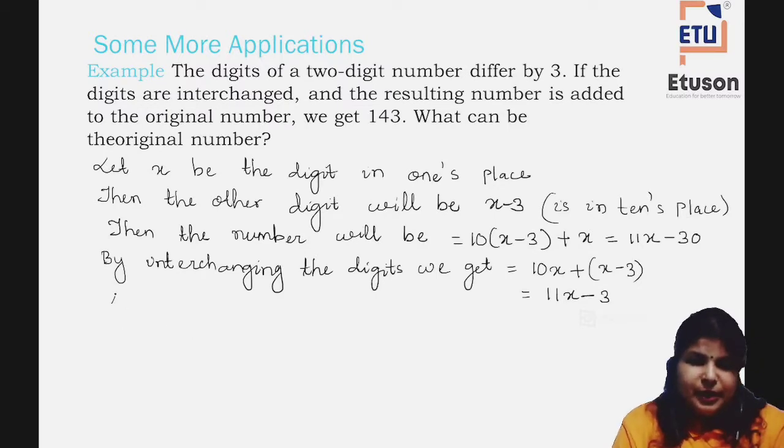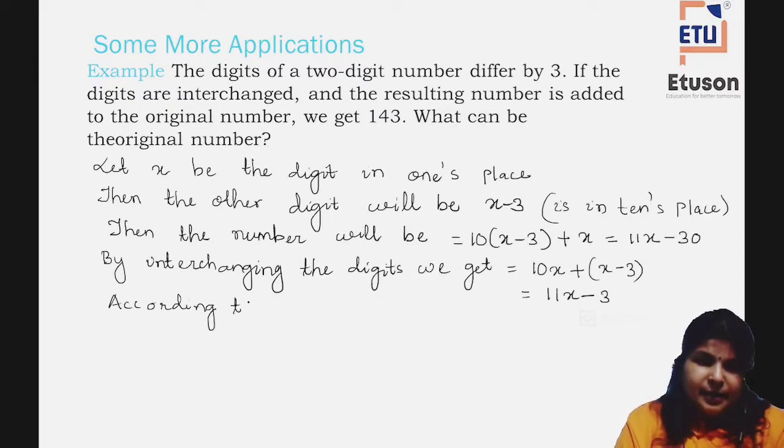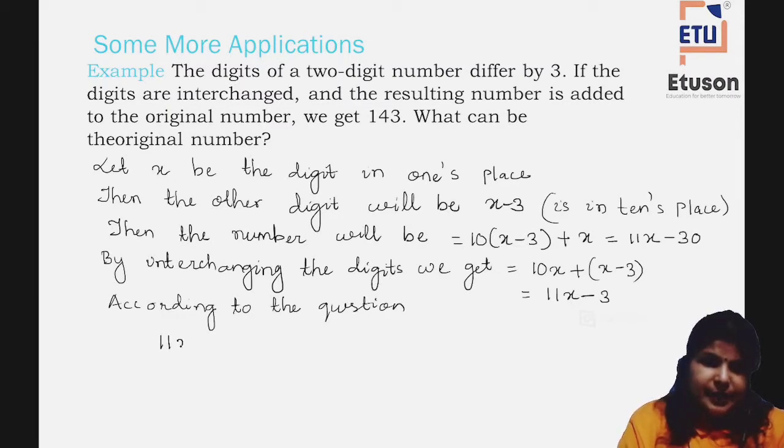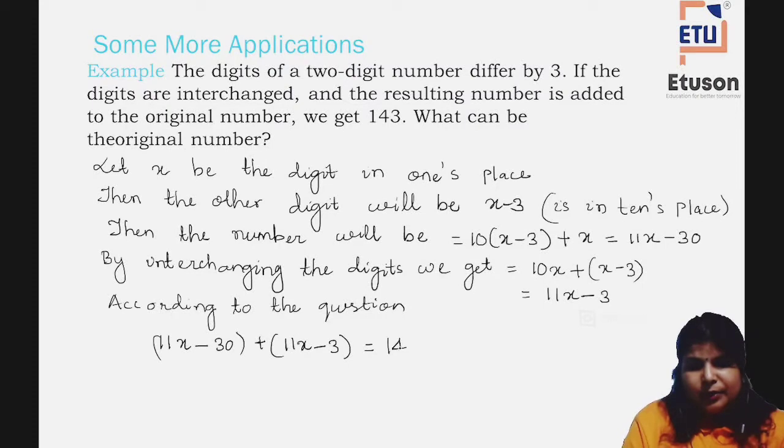Now according to the question, if you add both the numbers, the original number and the interchanged number, that is 11x minus 30 plus 11x minus 3 is equal to 143. So let us solve this.